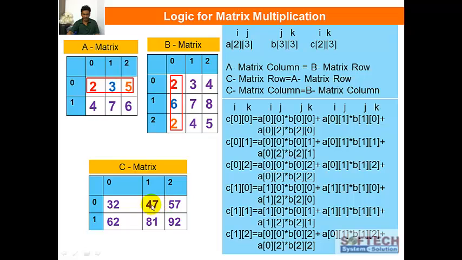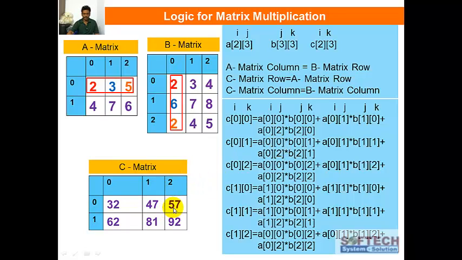Then we find the value of C of 0 1, 0th row first column: first we take these three values with the first column of B matrix. So 2 into 3, that is A of 0 0 into B of 0 1, plus A of 0 1 into B of 1 1, then A of 0 2 into B of 2 1.